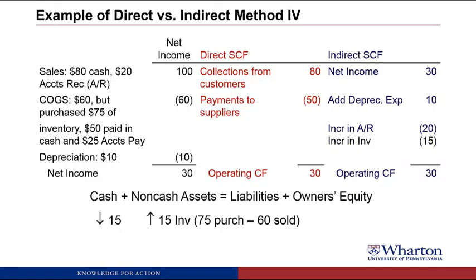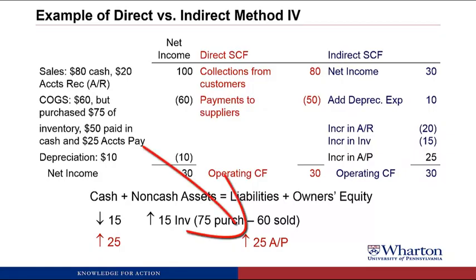So what happened was our inventory started the year at 0 and ended the year at 15. It went up by 15 because we purchased 75 of inventory but only sold 60. If a non-cash asset goes up, we subtract it on the cash flow statement, so we subtract the increase in inventory. For accounts payable, they started the year at 0, ended the year at 25, so this liability, accounts payable, goes up by 25.